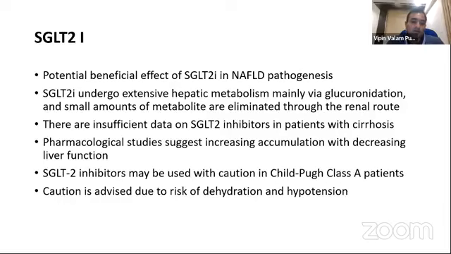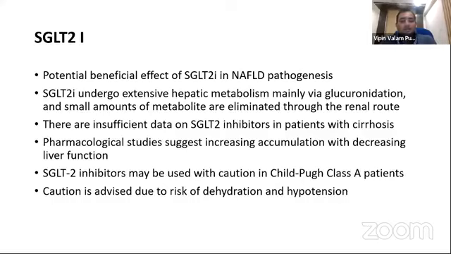But there are certain situations where SGLT2 inhibitors are beneficial, like an obese patient with Child A cirrhosis, who can have good glycemic control and weight loss. And in post-transplant diabetes mellitus, if the liver functions are normal, SGLT2 inhibitors can prevent further fat accumulation in the new liver. So these are the two scenarios where SGLT2 inhibitors can be used upfront.